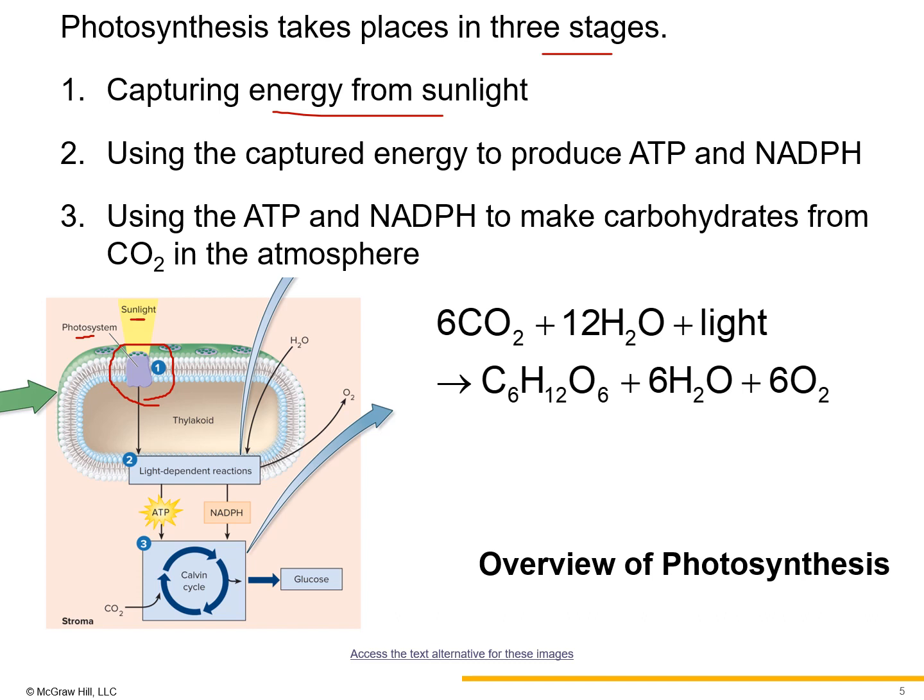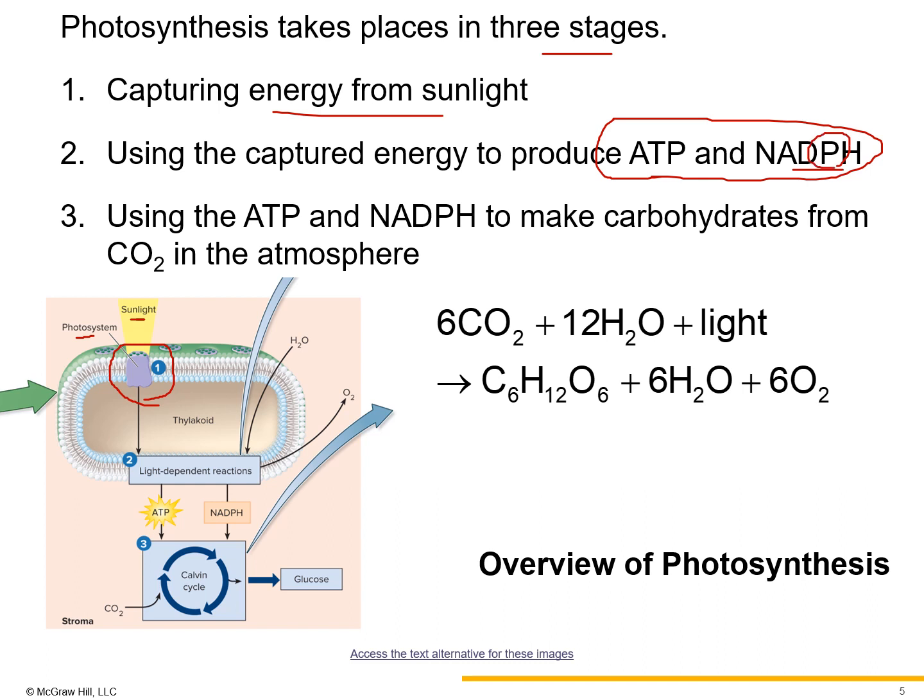Once that energy is captured, it is used to make two main products: ATP, energy we've talked about before with respiration, and NADPH. If you remember way back to aerobic respiration and going through metabolism and fermentation to get energy, we talked about the electron carrier NADH, but this is very similar, NADPH. You can think P for photosynthesis.